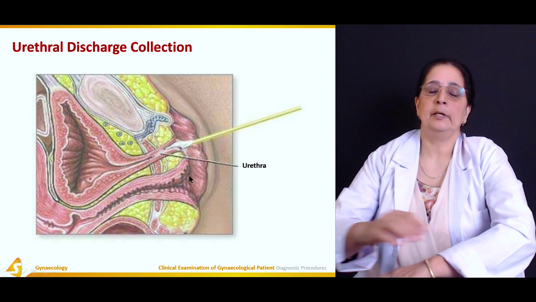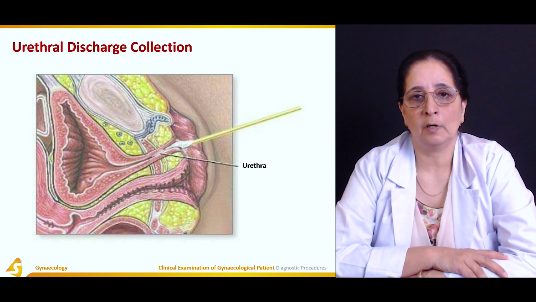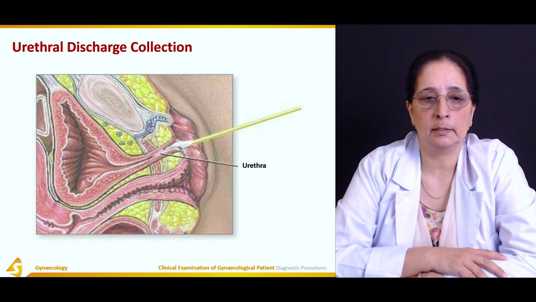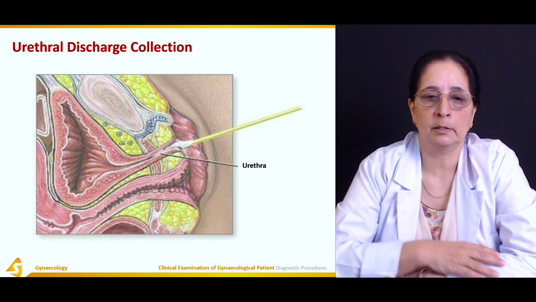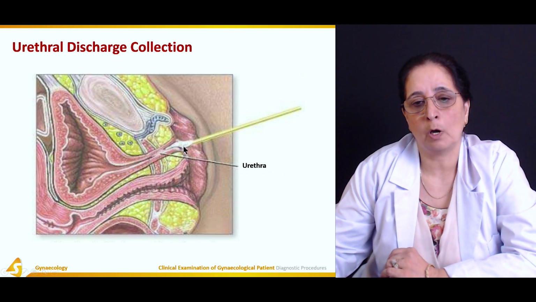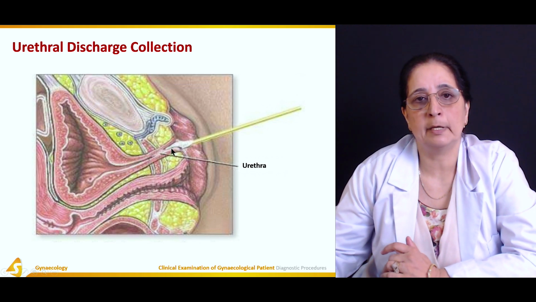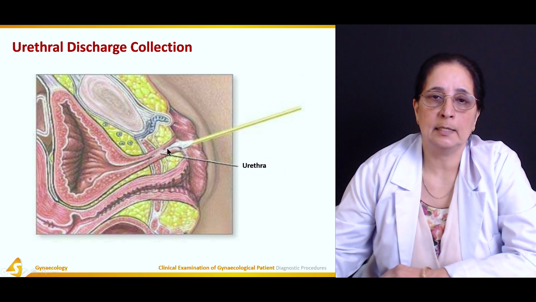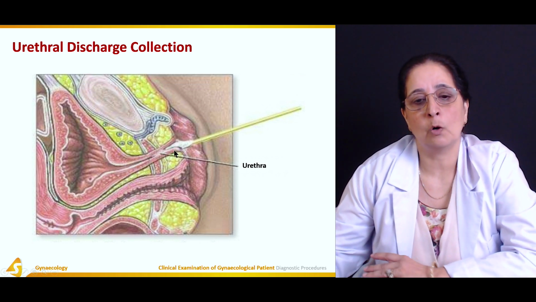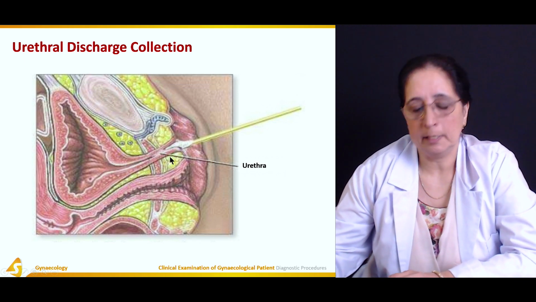So if there are any abnormal discharges from the urethra, then it's important to collect the discharge, and that is done by the swab. It's inserted into the urethra and the specimen is collected, and then it is sent to the lab for culture or tests to find out what's the causative organism for the urethral discharge.